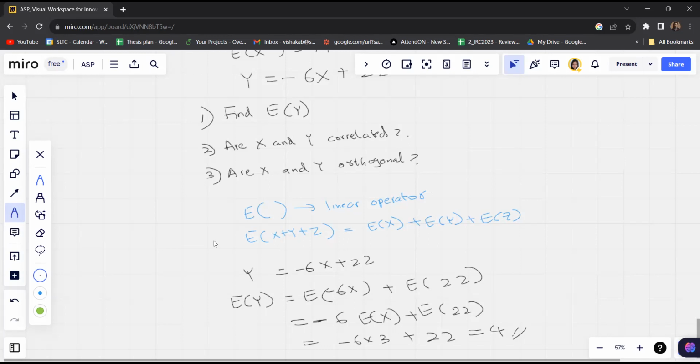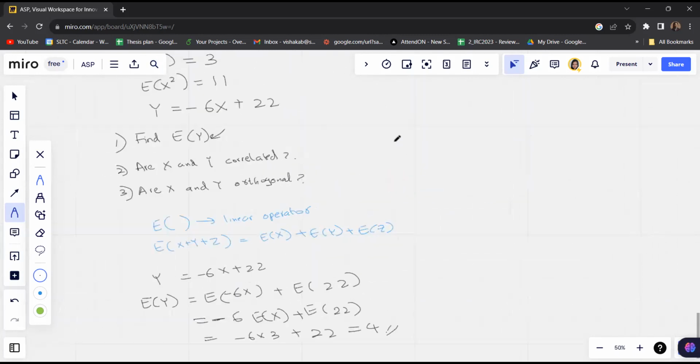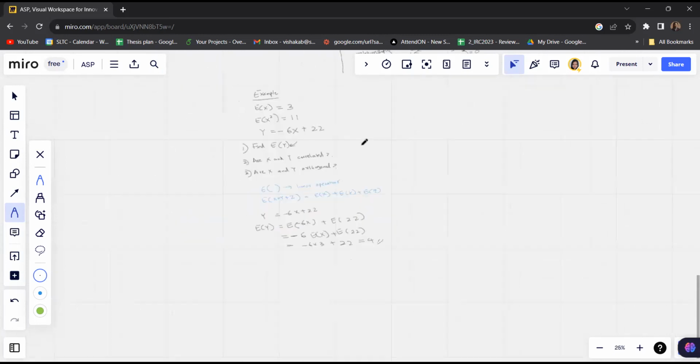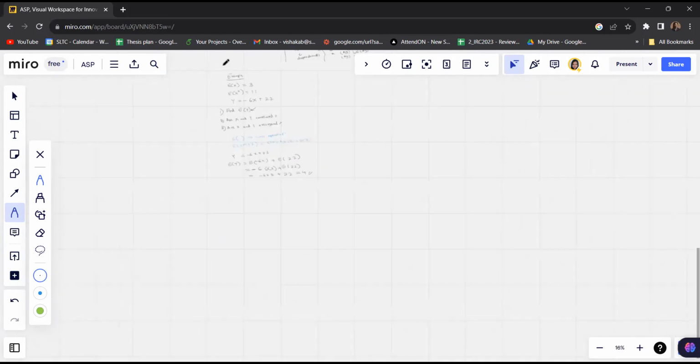Are x and y correlated? I mean, first I asked about this value, but in the second and third questions, I'm asking whether they are correlated. And third one, whether they are orthogonal. So you can't find a value for that. You need to say yes or no, and you have to find it using the equations. They are correlated, but not orthogonal.